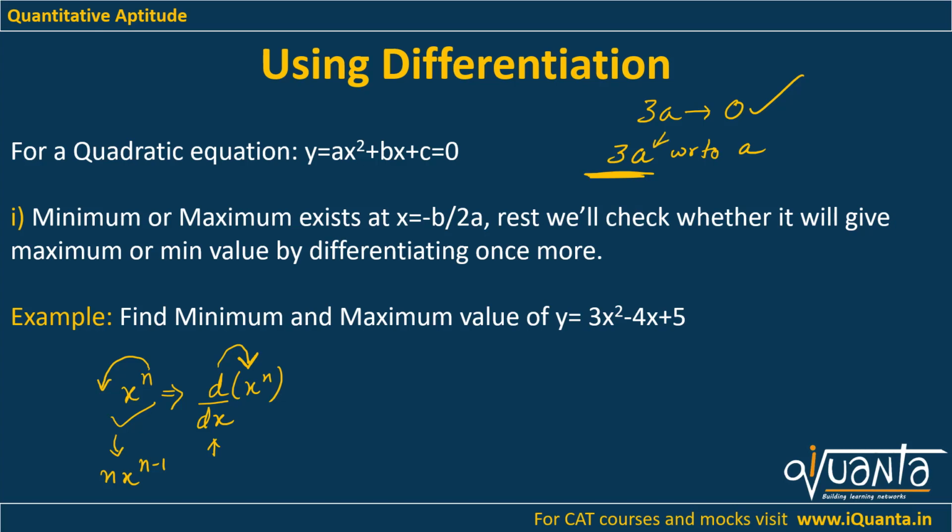That means now this 3 will be a constant and we are differentiating this a with respect to a. So differentiation of a with respect to a will be 1. Exactly like we did differentiation of x with respect to x, we used to get 1, right? So differentiation of a with respect to a will be 1 only. So we'll get the answer as 3 over here. I hope this is understood.